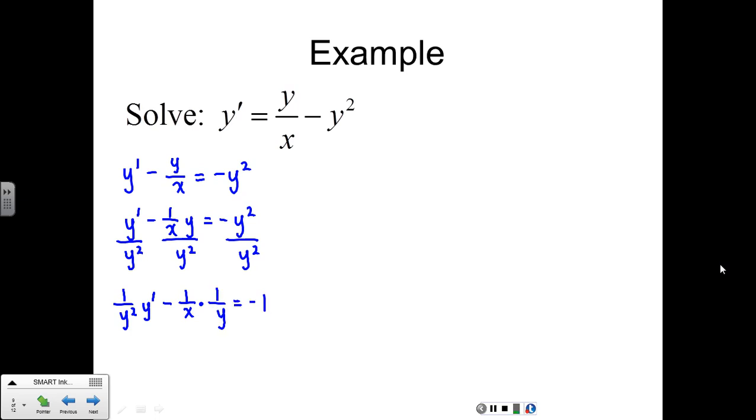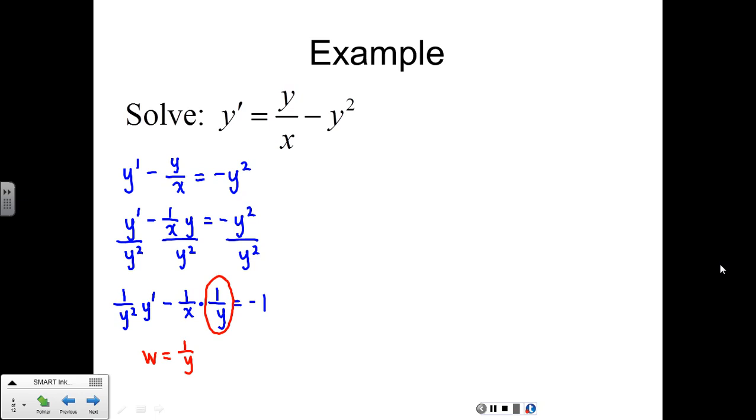So when we've got it in that form, remember I told you your substitution comes from whatever your new power of y is in your problem. So w is going to equal 1 over y, which we know is y to the minus 1.